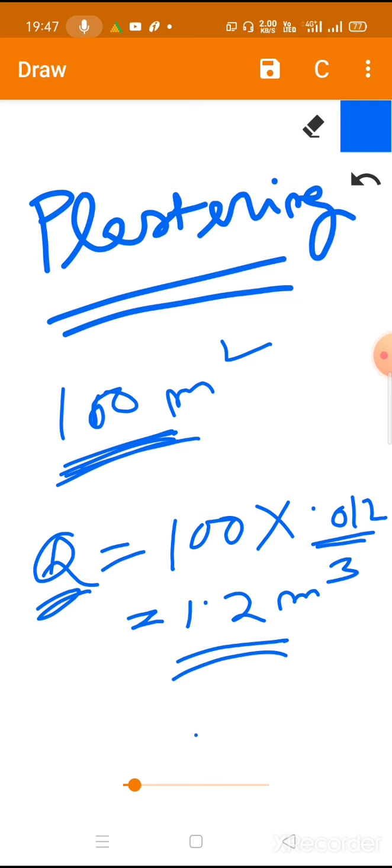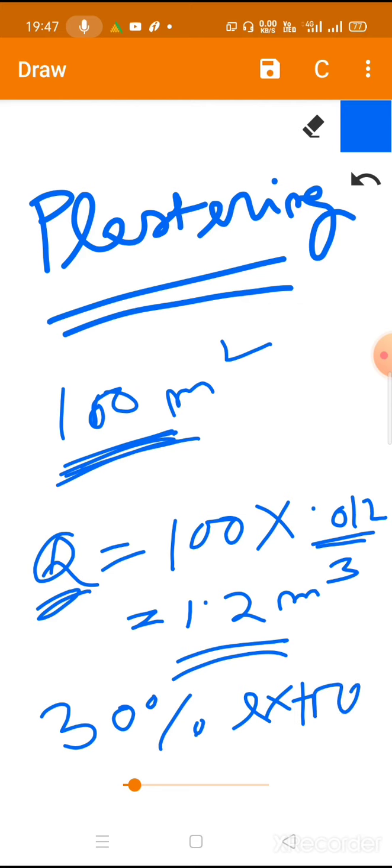So to fill up the uneven surface also, we take 30% extra mortar to fill up the uneven space. But this is only in case of wall plastering. Remember, only in case of wall plastering we take 30% of extra mortar to fill up the uneven spaces.